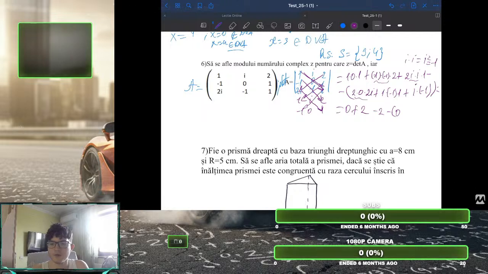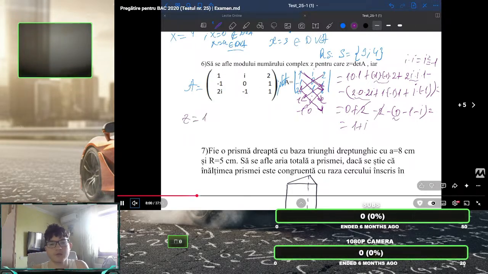And after the parentheses, we're going to have 0 minus 1 minus i. And we just need to switch the sign right there, these two cancel out, so we're going to have 1 plus i. That's it. So it's 1 plus i, really easy.